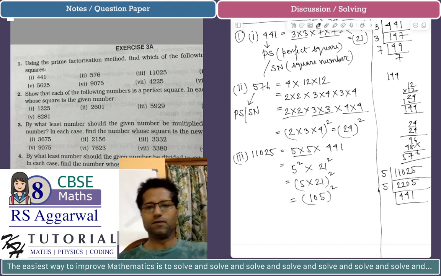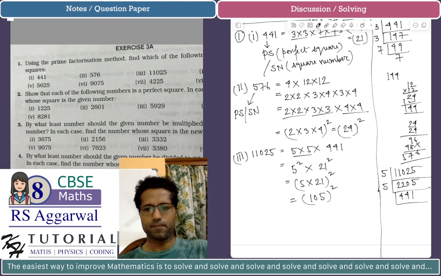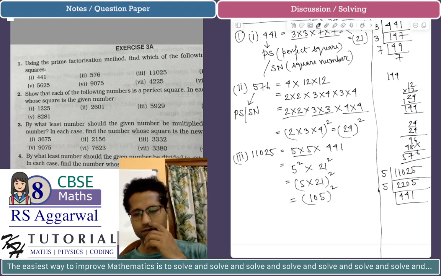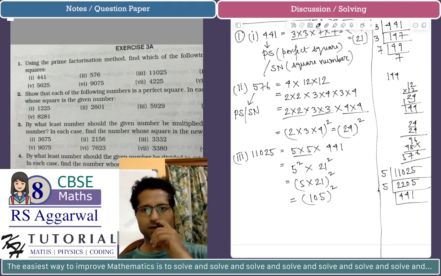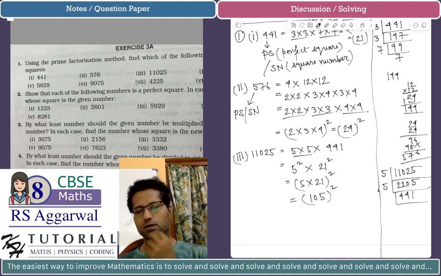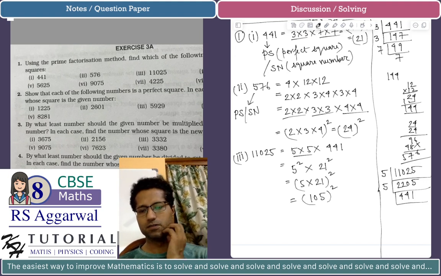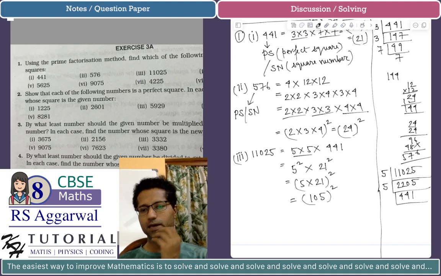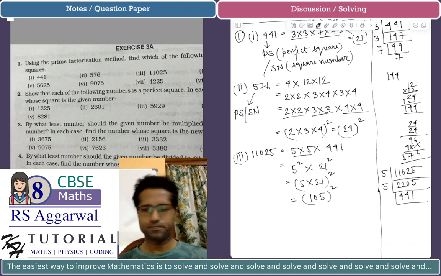So clearly 11025 is a perfect square. We have used the result that 441 is a perfect square, which we have already seen from part 1. If we multiply by 5 into 5, the whole result will obviously be another perfect square, because we are just multiplying another pair of equal factors.